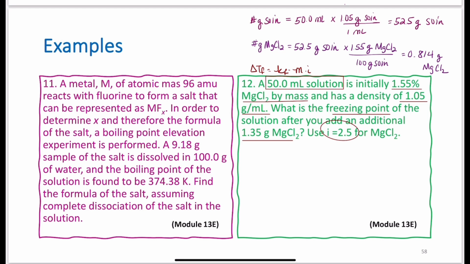Cool. So my total grams of magnesium chloride will be 0.814 grams plus 1.35 grams. Overall, 2.16, sig figs are here, grams of magnesium chloride.